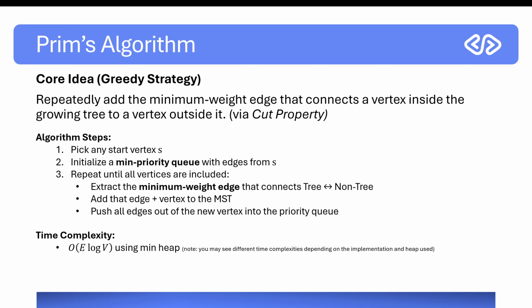Yeah. So here we're just repeatedly selecting the minimum weight edge that we can use to connect our growing tree to the non-tree, and then we add that edge.